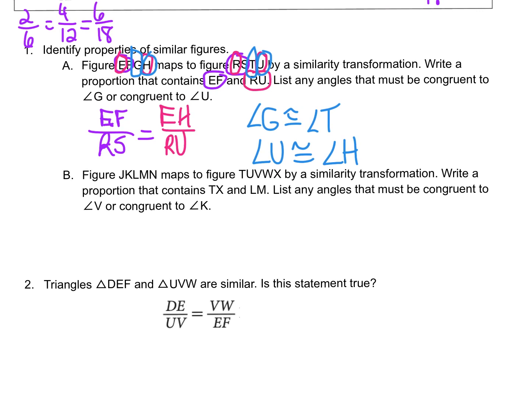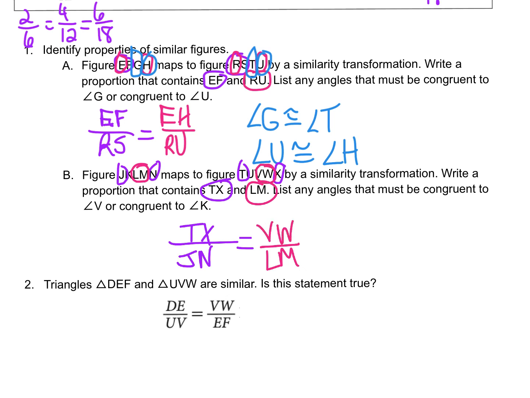Same thing here. So TX is the first and last letter, so JN equals LM. LM I'm going to put on the bottom so I don't forget, and it is right here. So it's got to be these two letters, VW. Now, all of my letters from this one are on top.